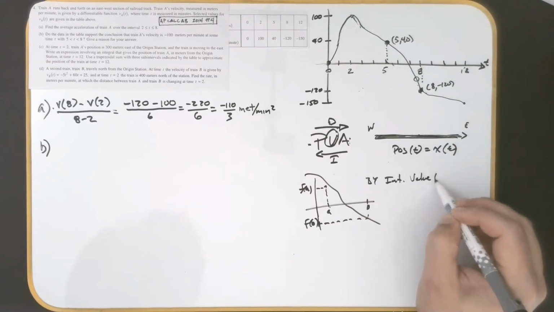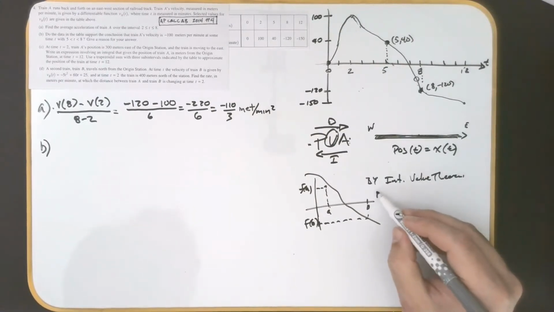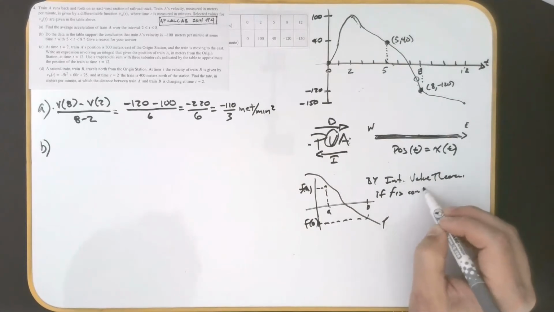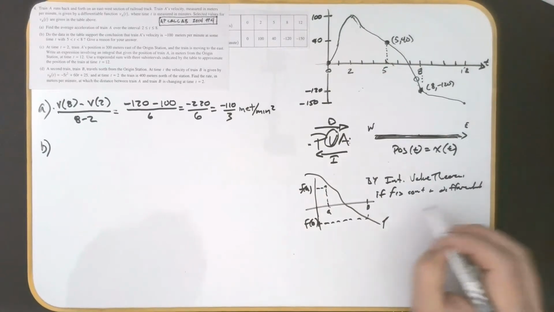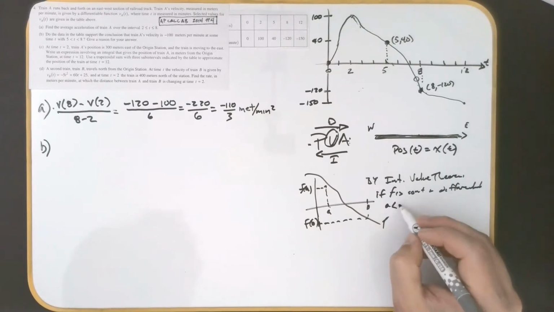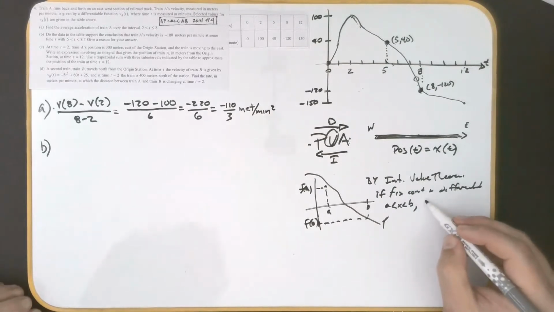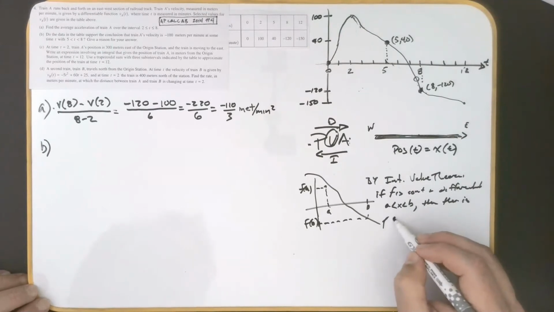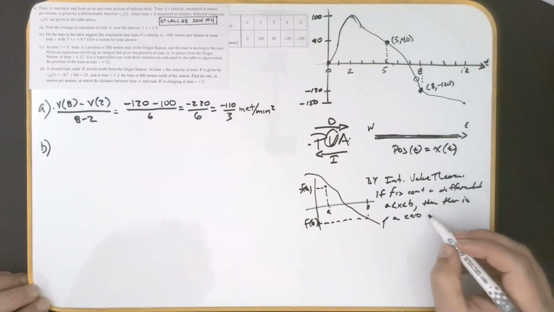So for this one, the intermediate value theorem says if f is continuous and differentiable on a less than x less than b, then there is a 0, or an x-intercept, where f of x is equal to 0.